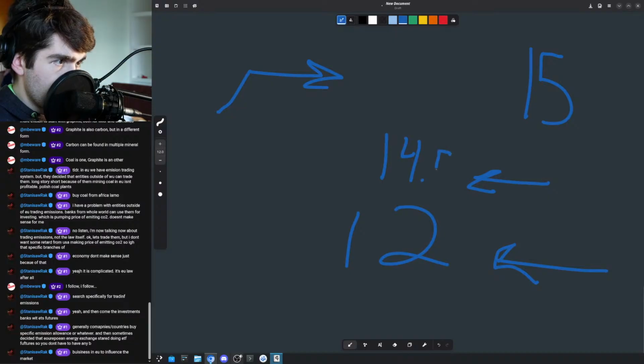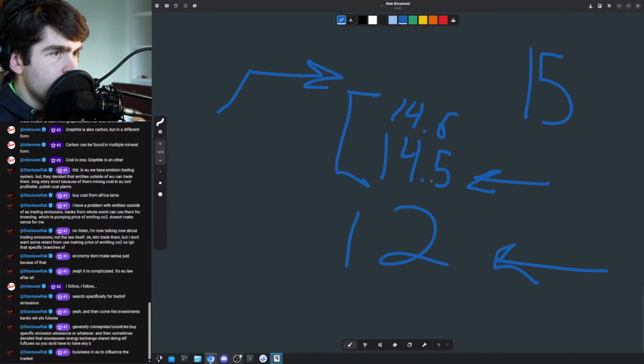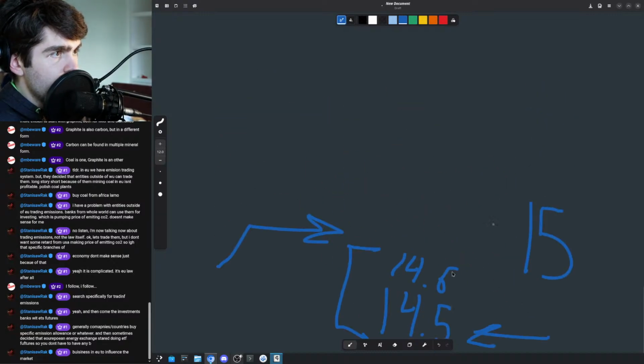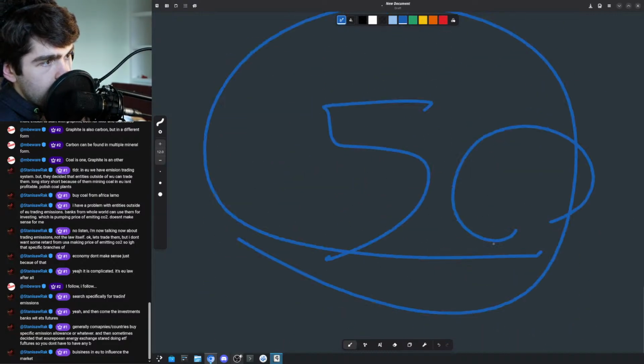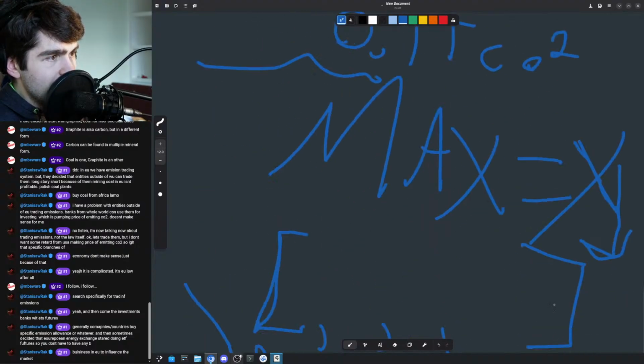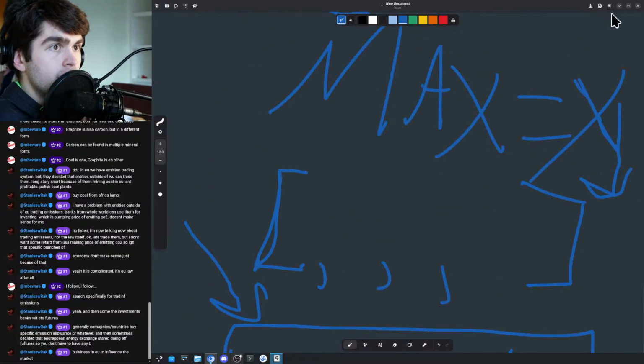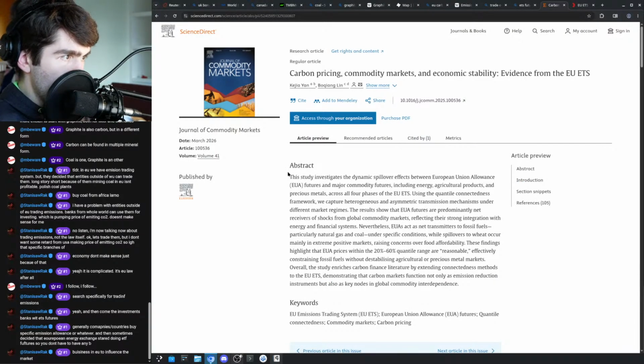So you will have 14.5, let's say, and 14.6. So your range of traded value will be way closer. So instead of being penalized for a transaction on either side, you get a closer spread, which is advantageous for everyone. And that's just by having this added liquidity into your market. But hey, that's some bullshit.